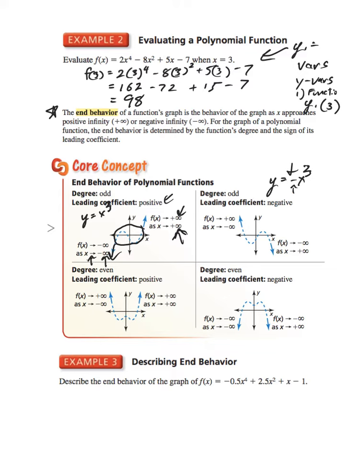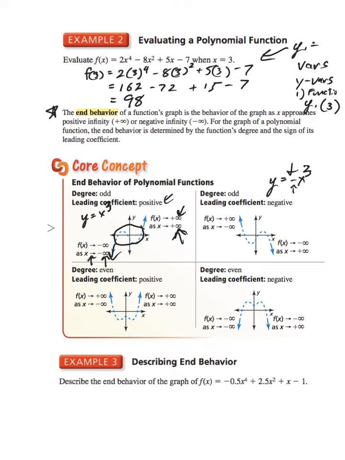Now let's apply this concept of end behavior to an actual function. So let's look at this example 3. The idea is, let's describe the end behavior of the following function.